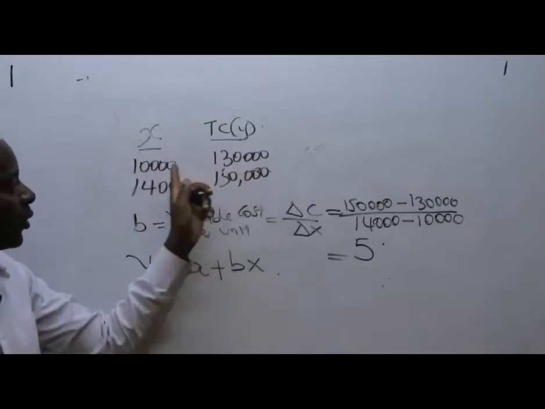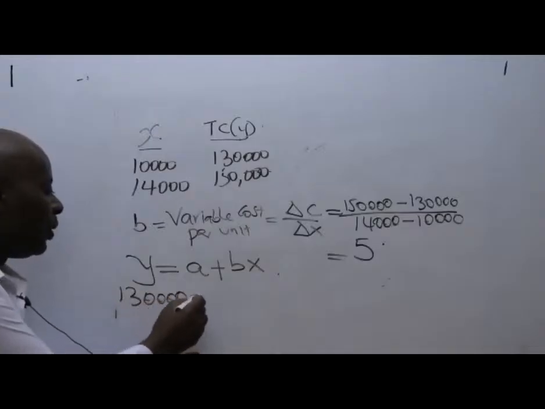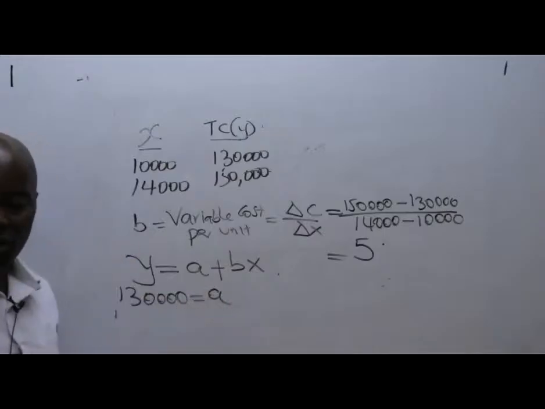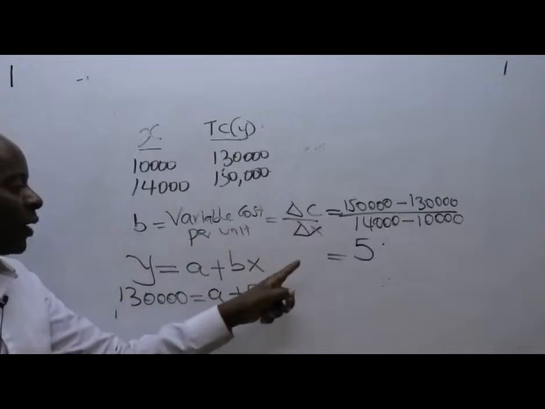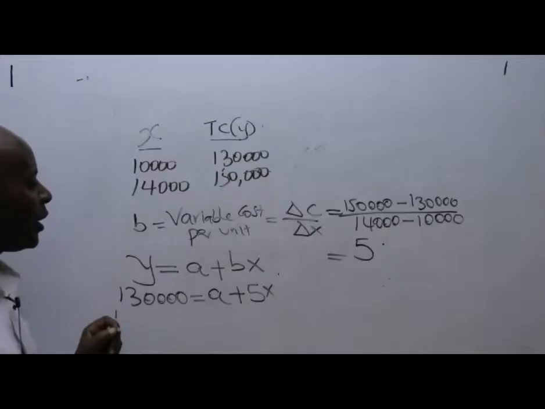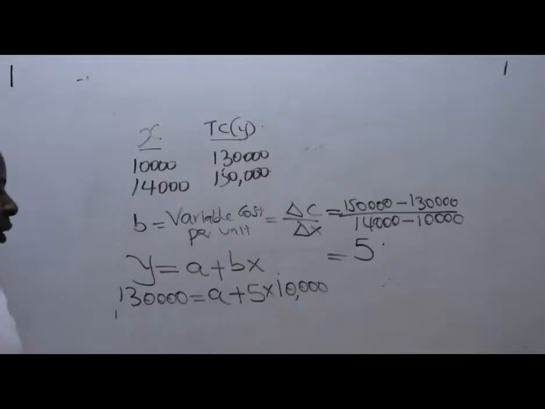For the first one, my y here is 130,000, which will be equal to A, the fixed cost that I don't have, plus B that you have just obtained here, which is 5, times x for the first point, which happens to be 10,000. So could you kindly give us A? A will be equal to what?